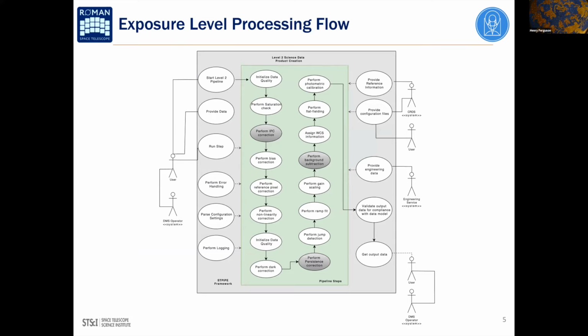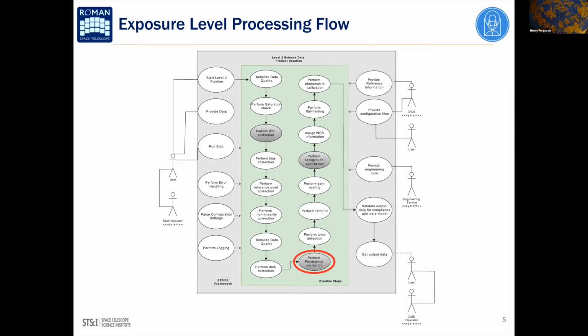So this is the basic data flow at level 2, and it's the standard data processing to do flat fielding and background subtraction and bias level. Pretty much only a couple of things are of interest to time domain in particular, although they're still of interest even for non-time domain.